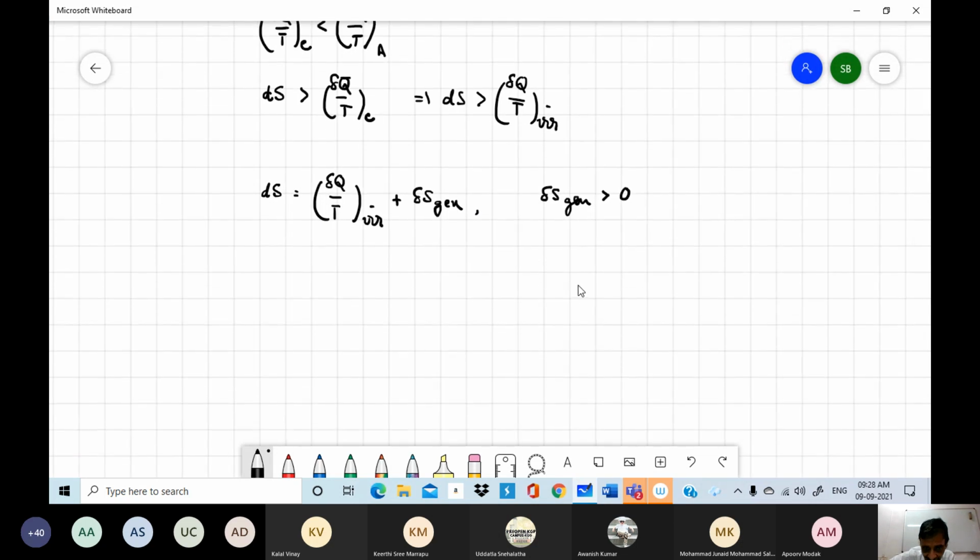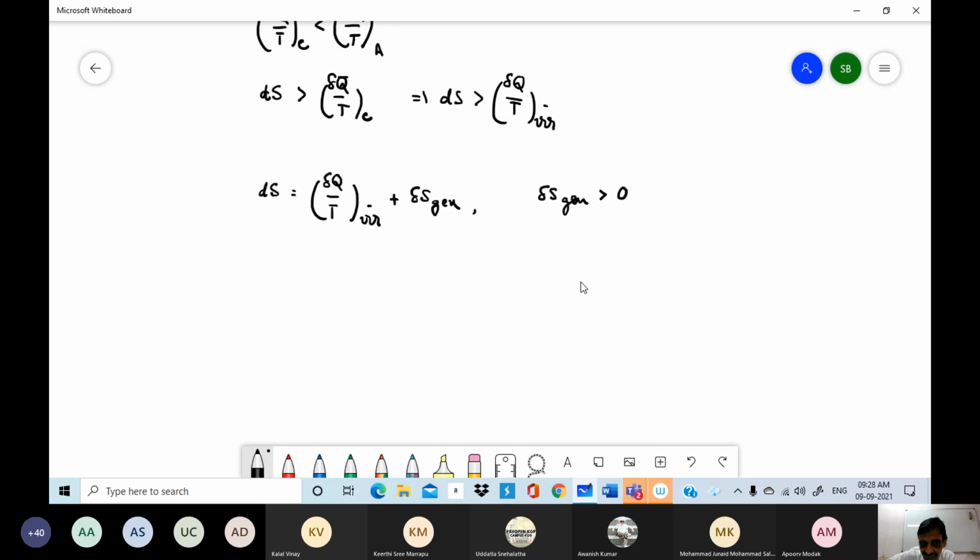Now, having said that, we'll come back to what we said at the end of the class: we have a formal definition for entropy, but can we actually see entropy being calculated?